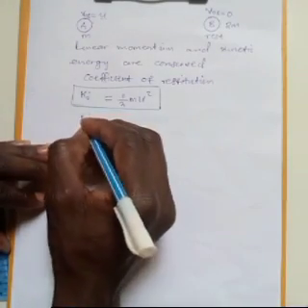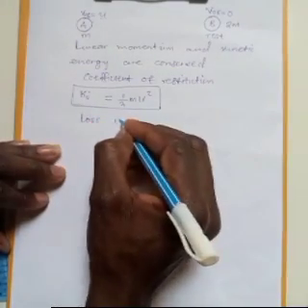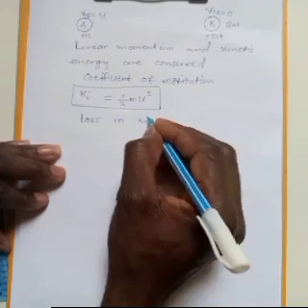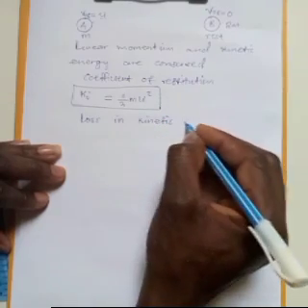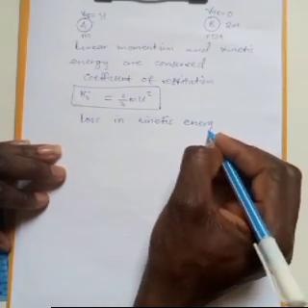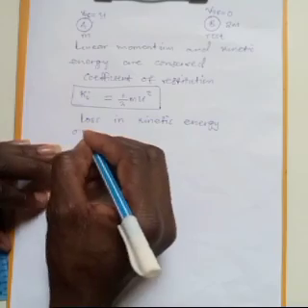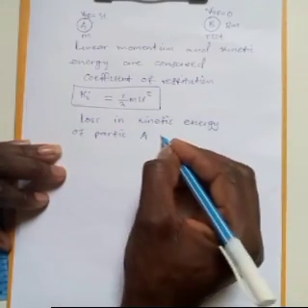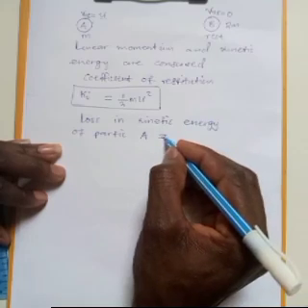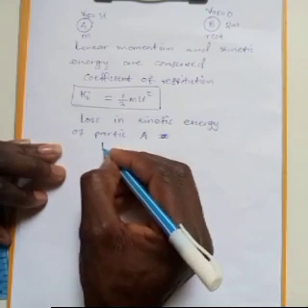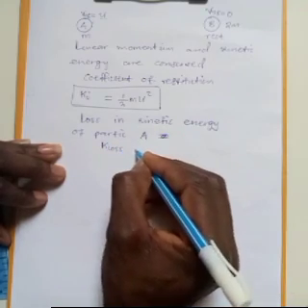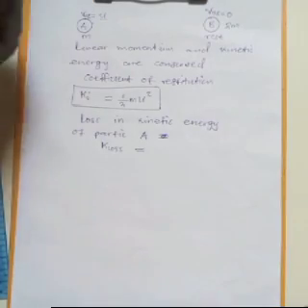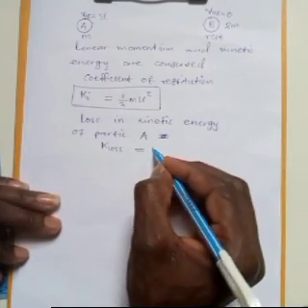So you say loss in kinetic energy of particle A has to be equal to, I'll say, kinetic loss. Since we're talking about out of its initial, definitely it has to be something like this.